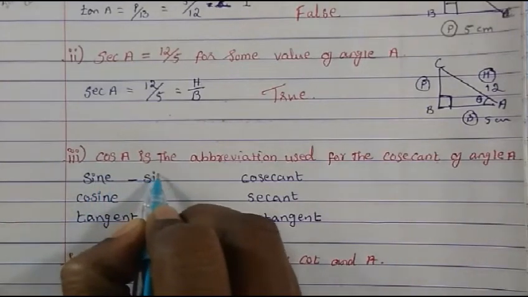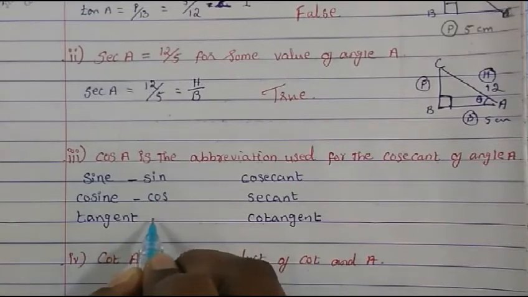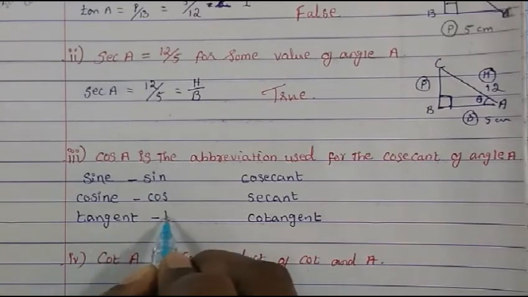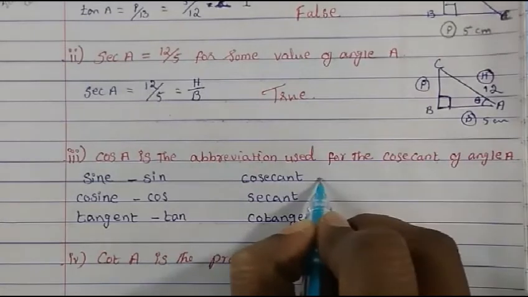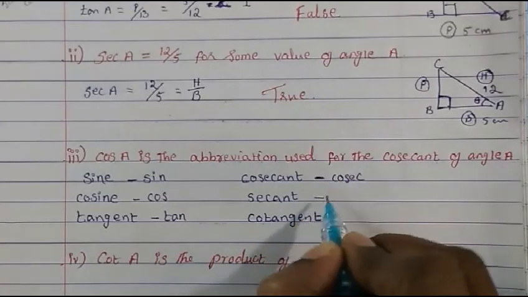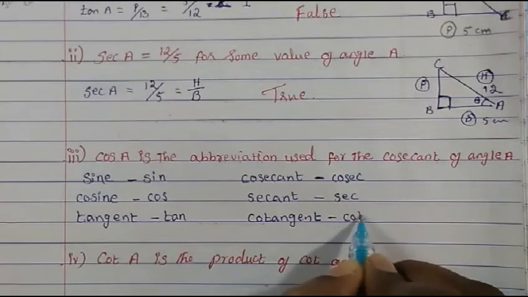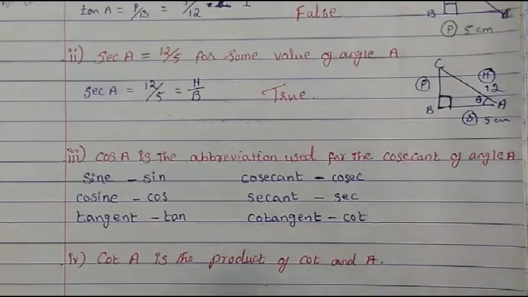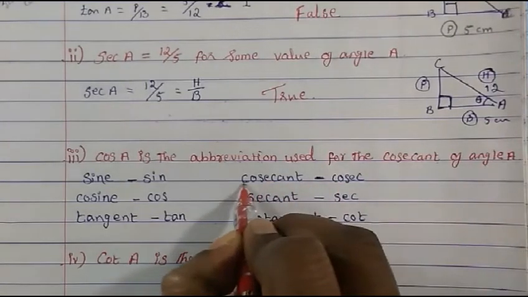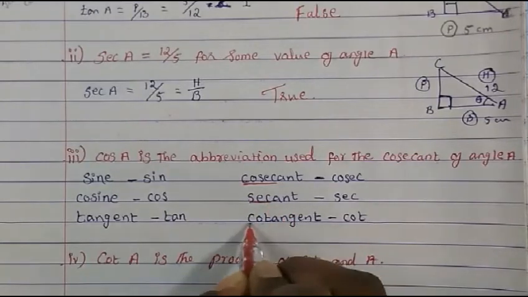But then in short we call it sine, cos, tan, cosec, sec, cot.